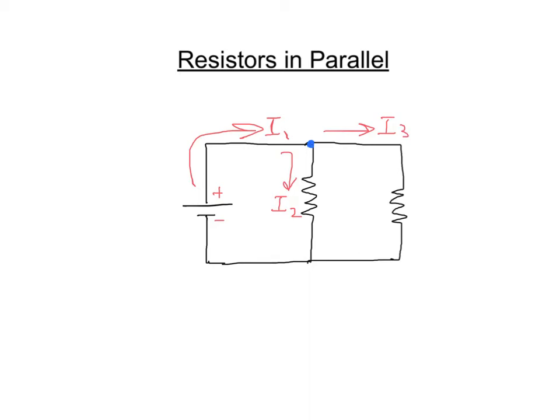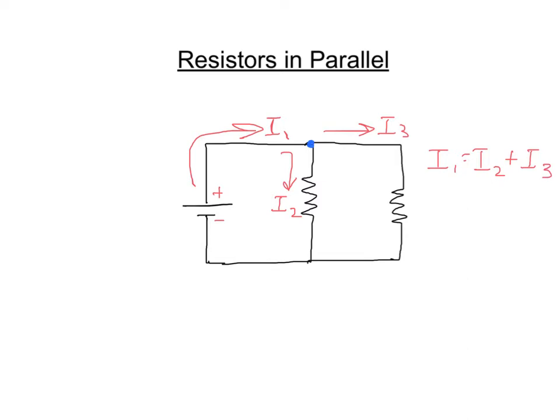So you can see there's conservation of charge that we learned about in the last screencast. All those electrons that make up current I1 are going to be split into currents I2 and I3. So hopefully you can see that I1 is made up of all of the electrons in I2 and I3 combined.